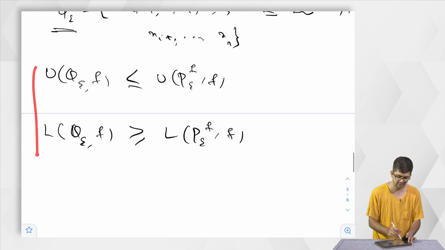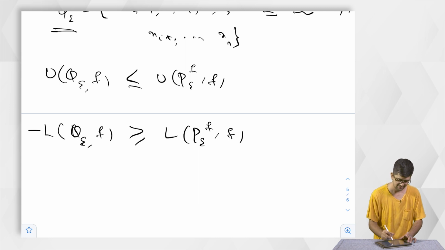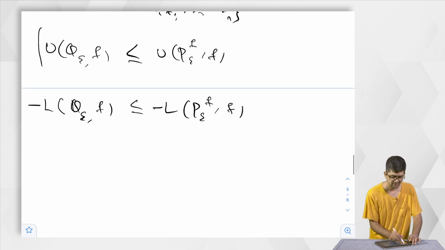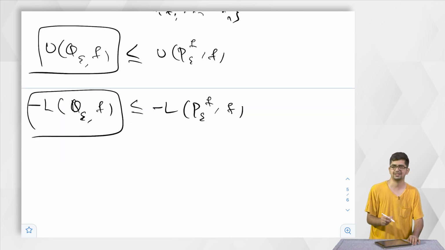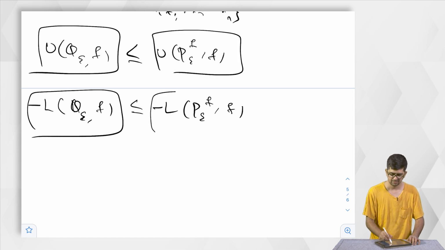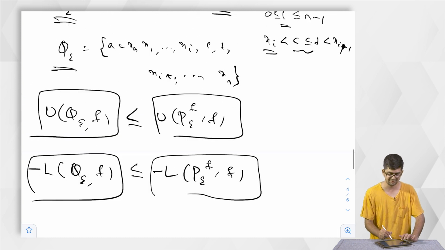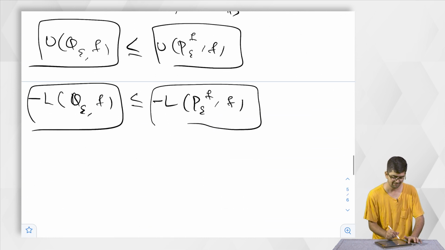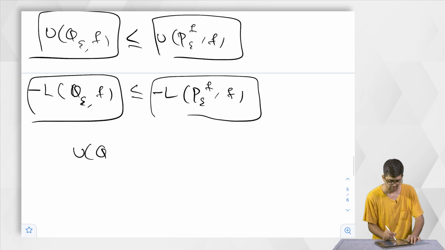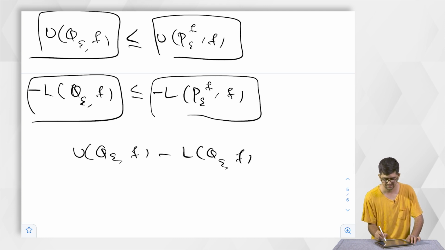So let me combine these two. Before combining, let me change the sign. This is minus, then I have to change this into less than or equal to. So what do we have? This plus this is less than or equal to this plus this. We know U of p epsilon f minus L of p epsilon f is less than epsilon. So that implies U of q epsilon f minus L of q epsilon f is less than epsilon.